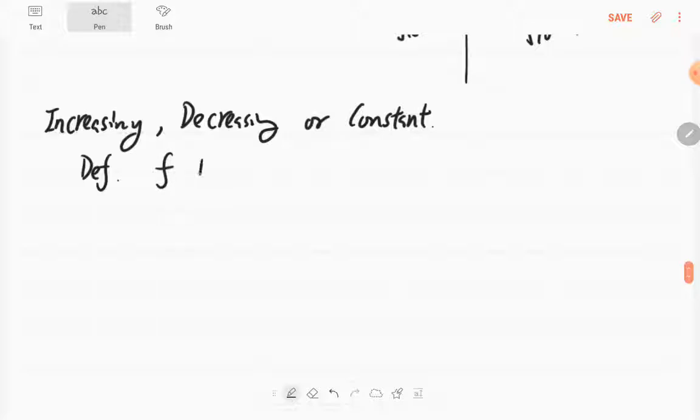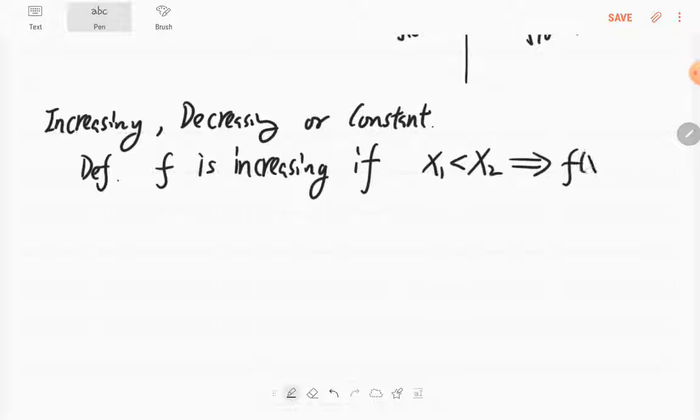We say f is increasing if x1 less than x2 implies f of x1 less than f of x2. If the input is smaller, the output would be smaller.